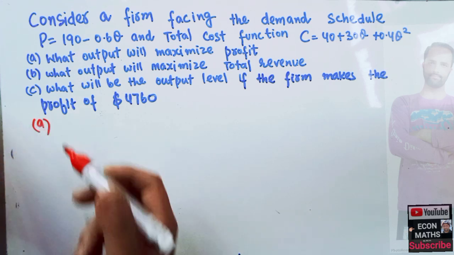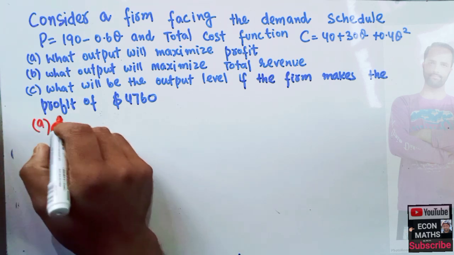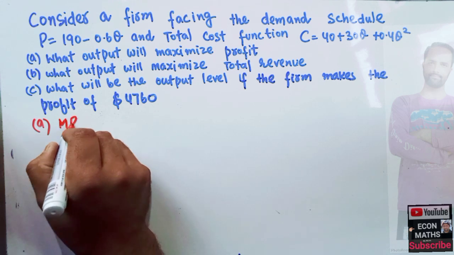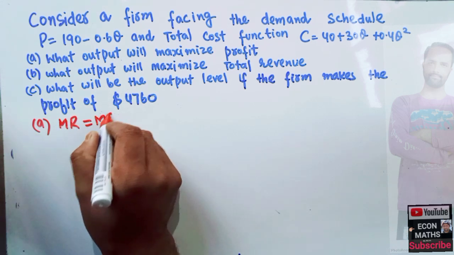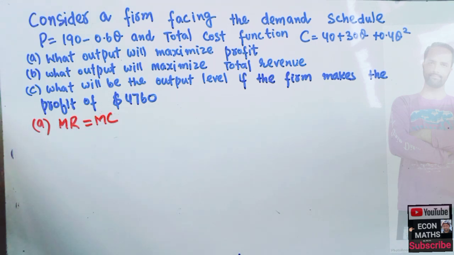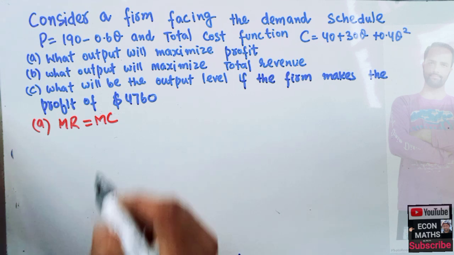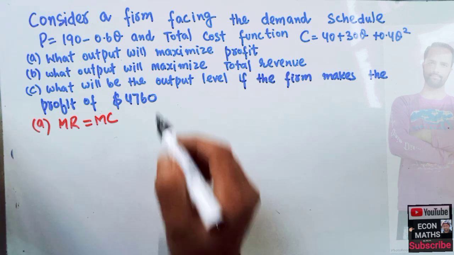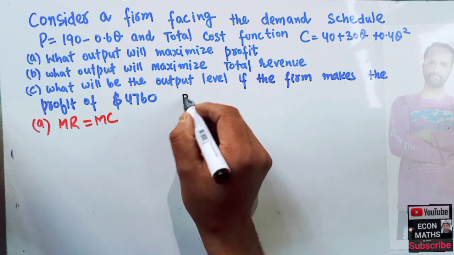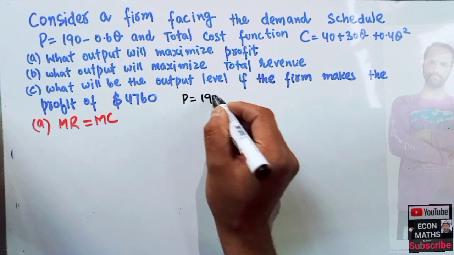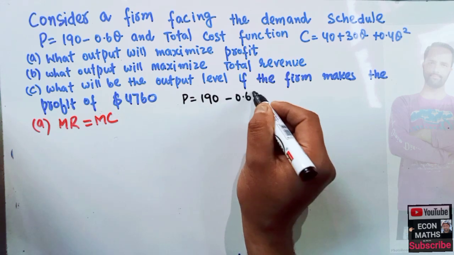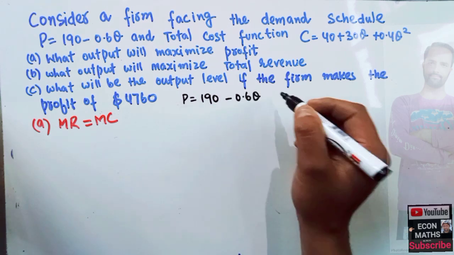In case of monopoly, we know that profit maximization requires marginal revenue to be equal to marginal cost. Simple thing. To get the marginal revenue, first we should know what is total revenue. We are given P is equal to 190 minus 0.6Q. From this we can first find the total revenue.